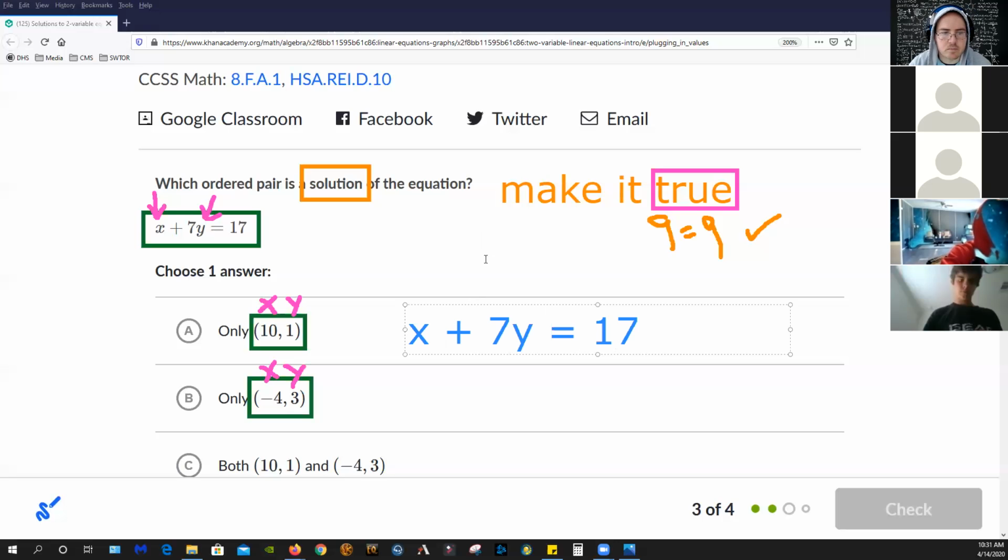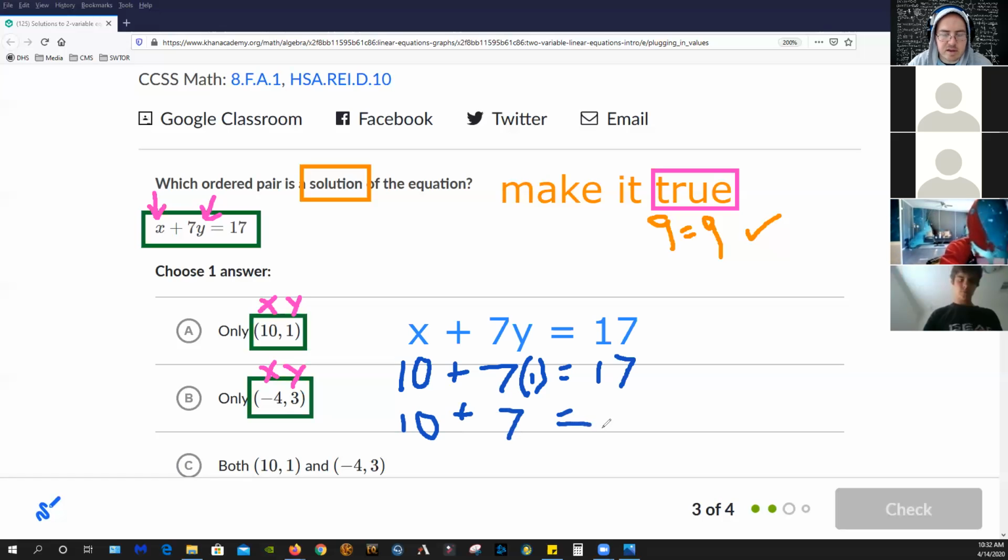However, when I go to work it out, I have to replace it with this x and y. So in this case, it'd be 10 plus 7 times 1 equals 17. Okay, well, that'd be 10 plus 7 times 1 is 7 equals 17.